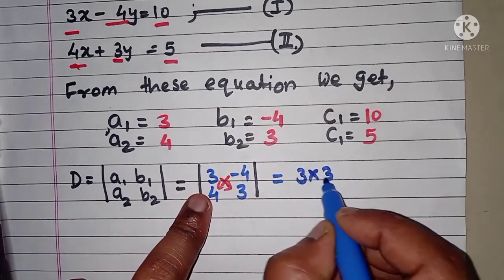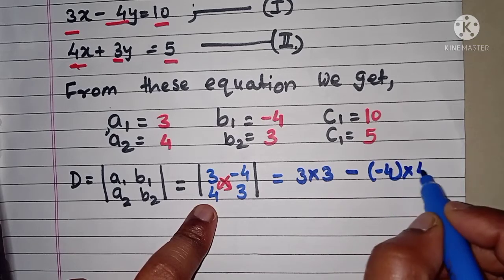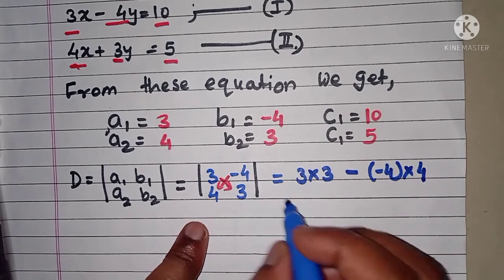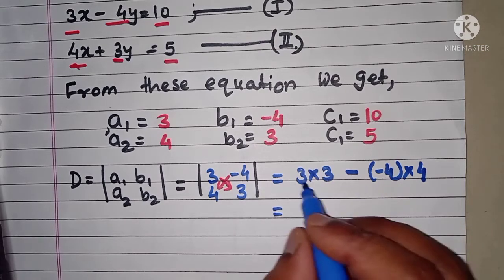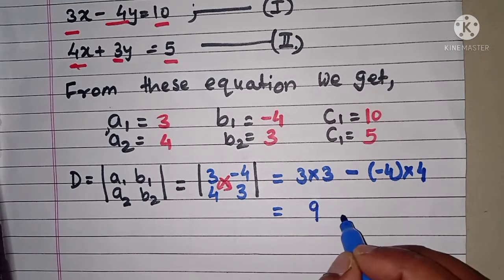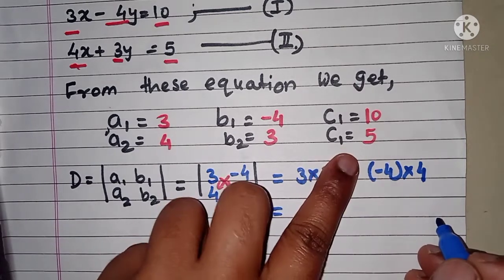3 into 3, minus 4 into 4. Just be careful, if you make even one minus or plus mistake you will lose your marks, I'm telling you. 3 3s are 9, minus will come as it is. Now don't consider this minus and this minus, it is a different one.